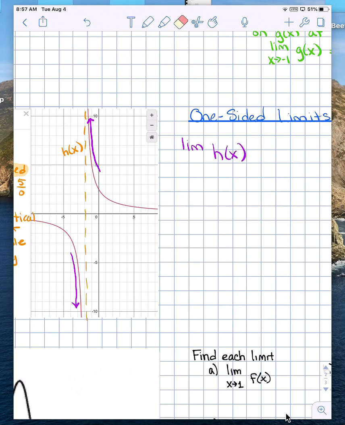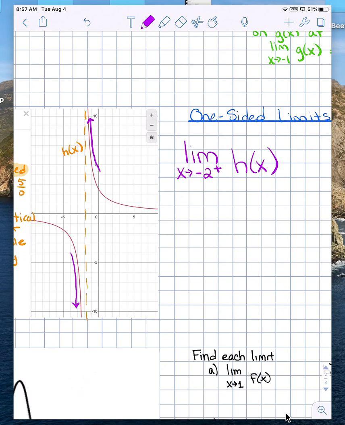I'm going to write this bigger because this is going to be new and you need to see this notation. The limit of h of x as x approaches -2 from the right side. That's what that little plus means. From the right side means that I am looking at values that are bigger than -2. Okay, so what we look at is we say, all right, well, what is the y value?